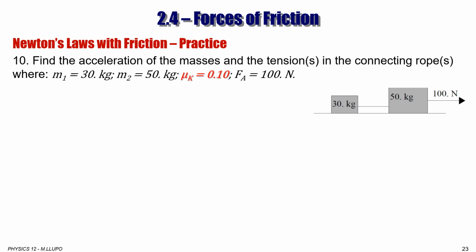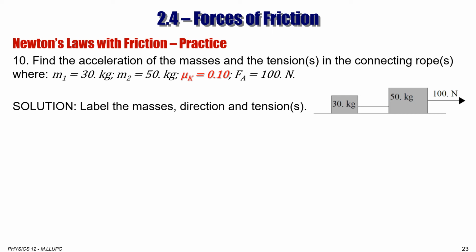How to solve it? First, we label the masses, direction of the motion, and tension. So mass 1, mass 2, tension T1, direction of the acceleration is the direction of the motion, and positive direction. Same as before.